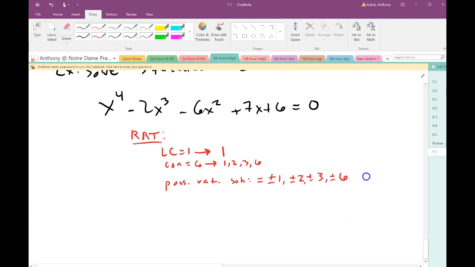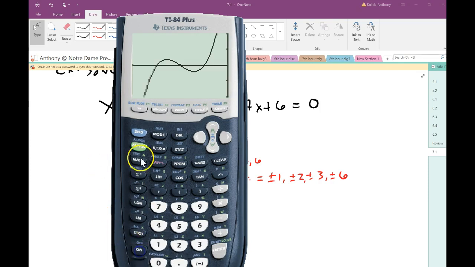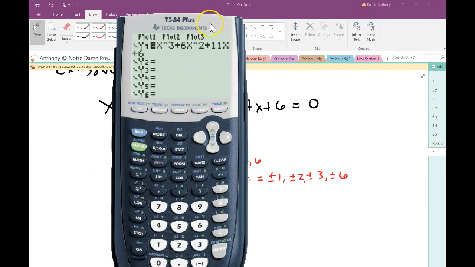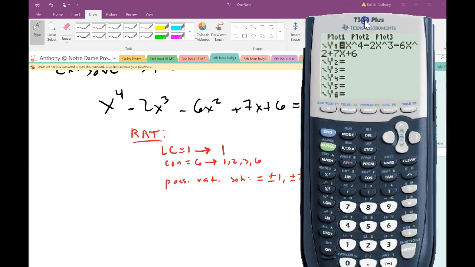What I'm going to do next is go to my graphing calculator and take a look. I'll go back to the y equals and type in this exactly as it's written: x to the 4th minus 2x to the 3rd minus 6x squared plus 7x plus 6. I'm not going to worry about the equal 0 part.